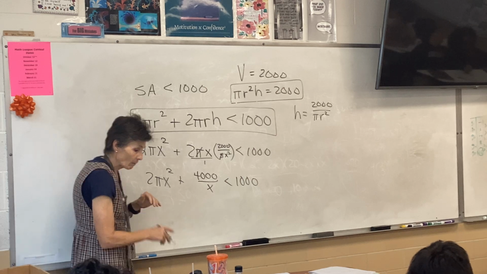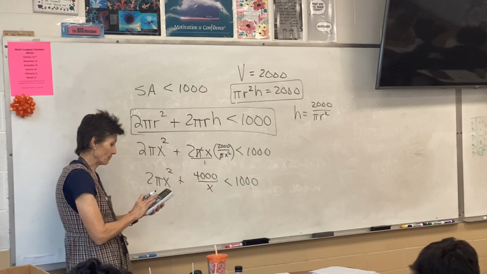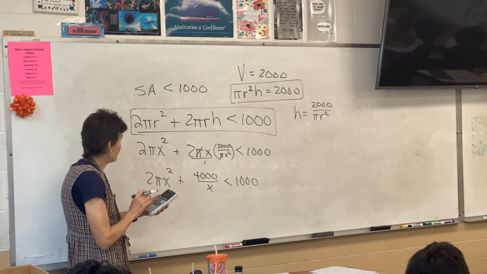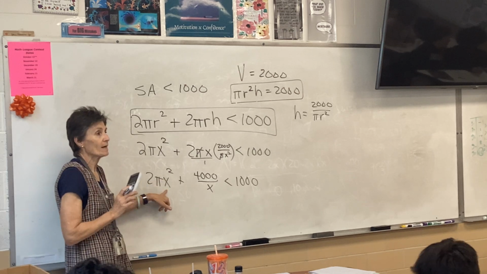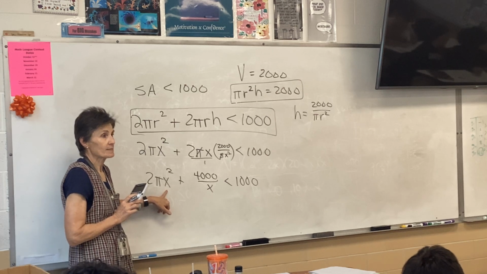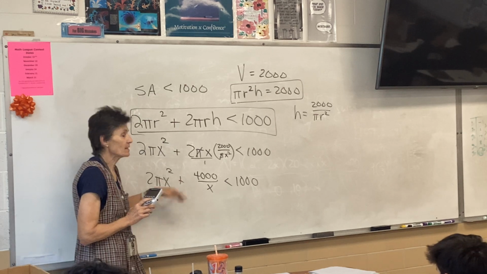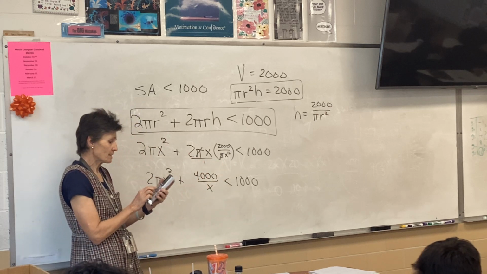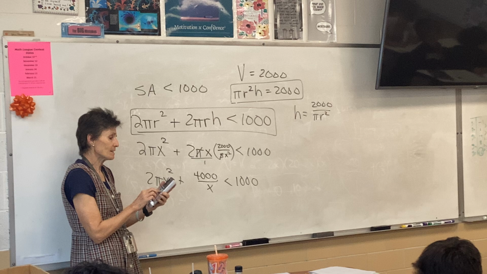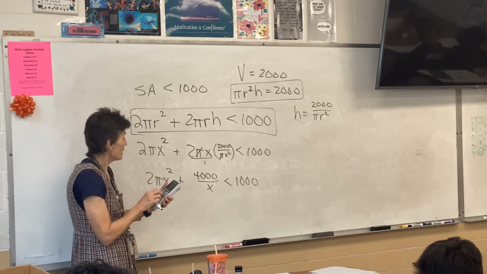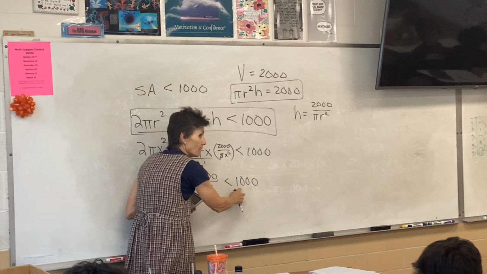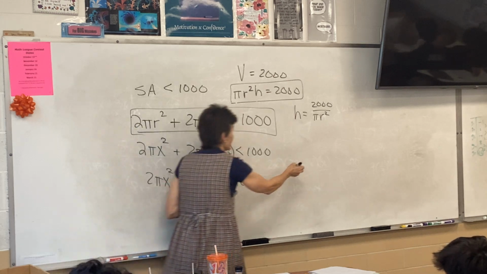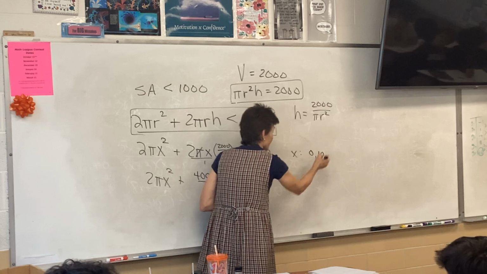Okay, so now I'm gonna go to my calculator, and I'm gonna type in a window now. Remember, what does my X stand for? My X stands for a radius, so it's gonna have to be bigger than 0. So I'm gonna type in 0, and I'll just leave it at 10 and see what happens. For now I'm leaving my X's 0 to 10.